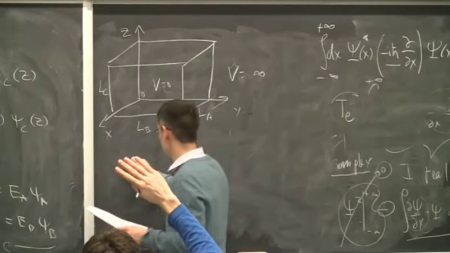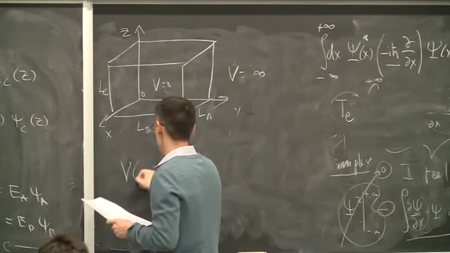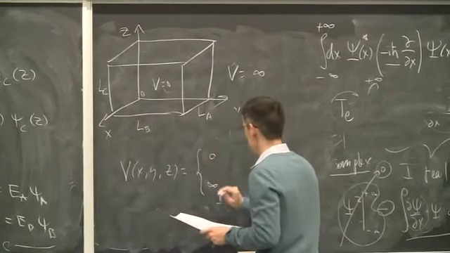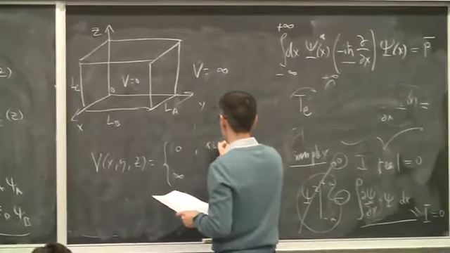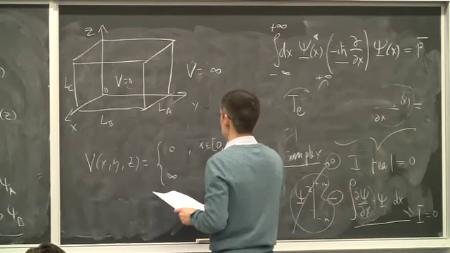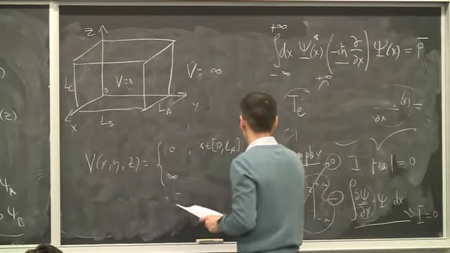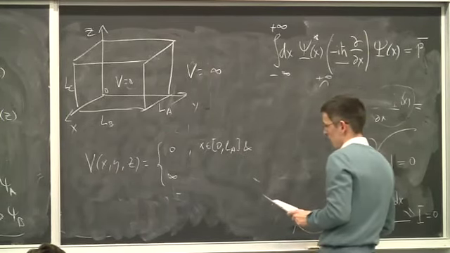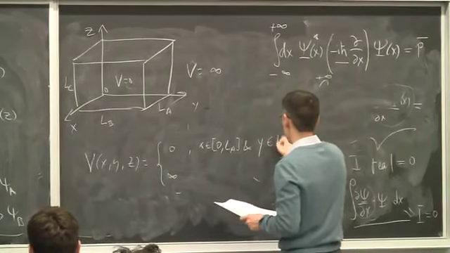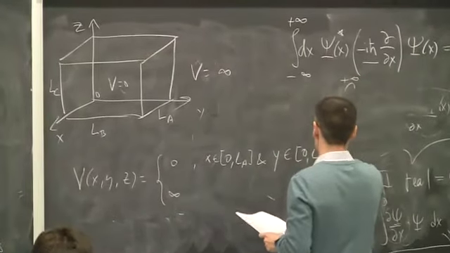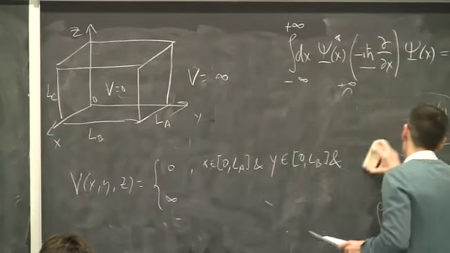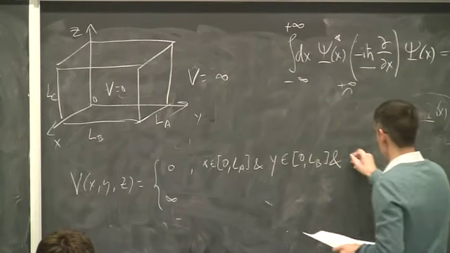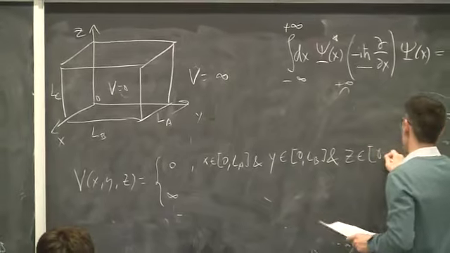So this is our potential, essentially V of x, y, z equals two values, 0 and infinity. 0 if x is within 0 and L_A, and y at the same time between 0 and L_B, and z is within 0 and L_C.